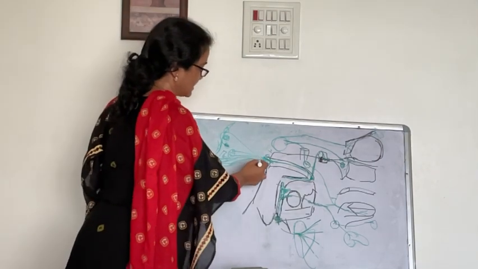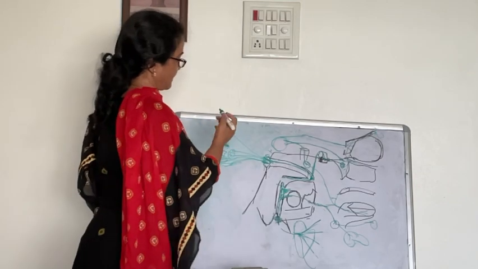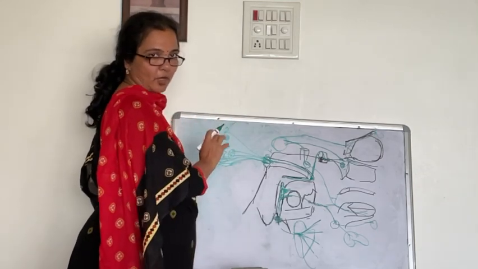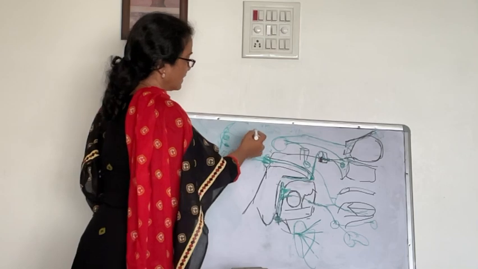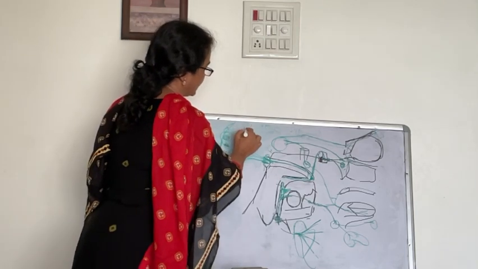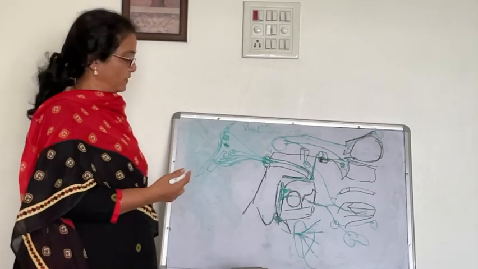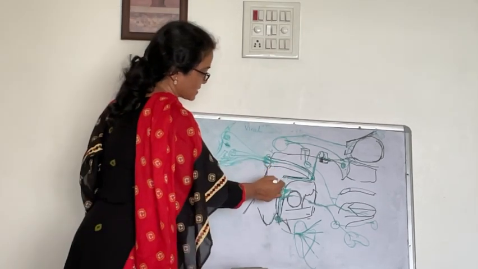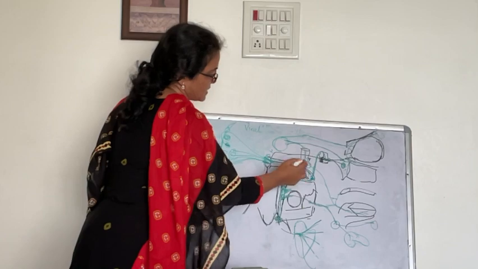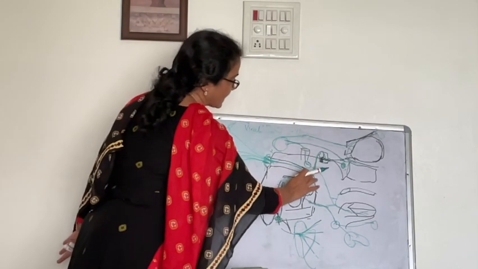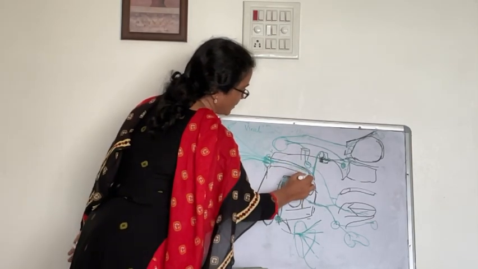So again the causes are any injury, trauma, vascular trauma, or any infection. The most common is a viral infection, that is herpes zoster infection. In herpes zoster infection, it mainly affects the geniculate ganglion. This geniculate ganglion consists of pseudo unipolar cells.